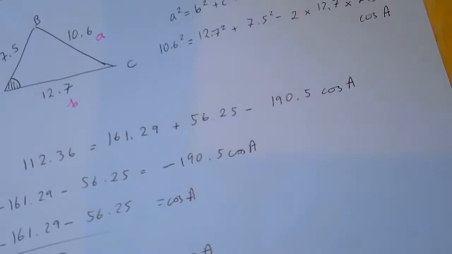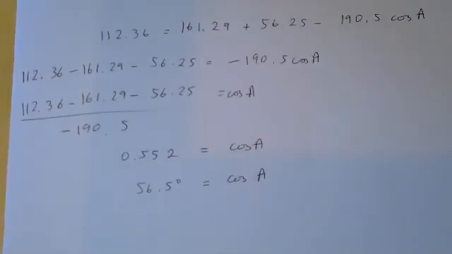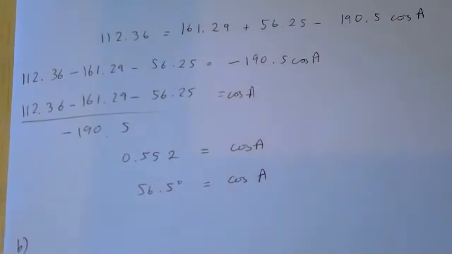So I get that 0.552 is cos A. So inverse cos that, and we get that 56.5 is A. Super. That sounds reasonable.